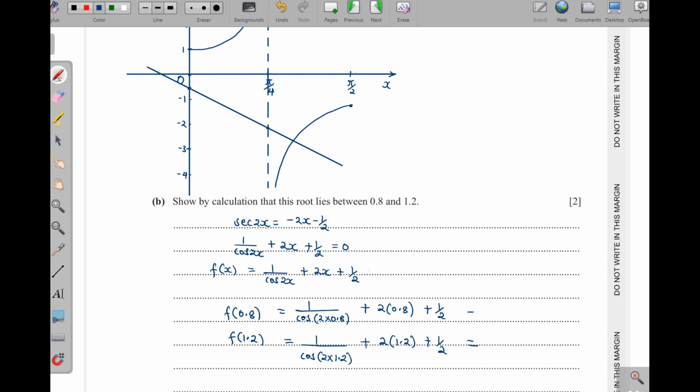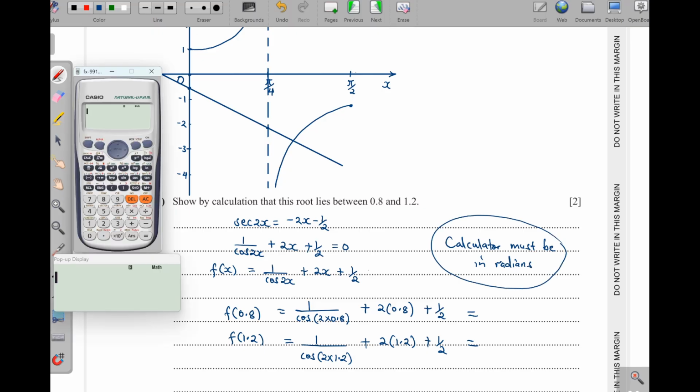Now, if you check here, we can see that there is a trigonometrical term. So the calculator must be in radians strictly. If you do it in degrees, you'll get wrong things. Mine is already in radians.